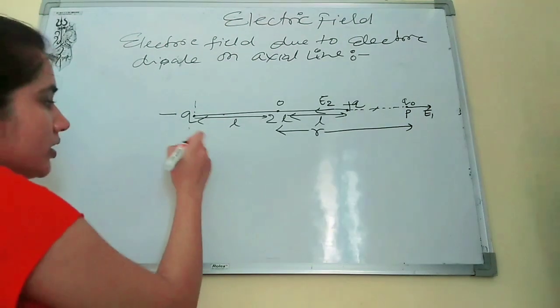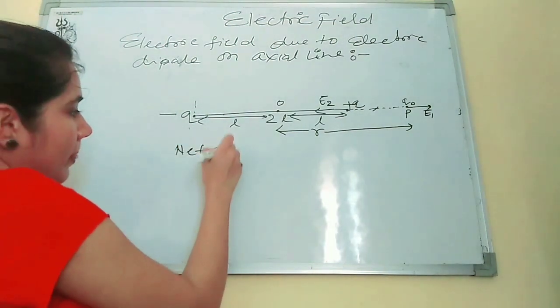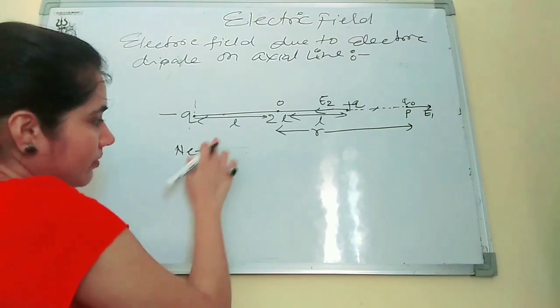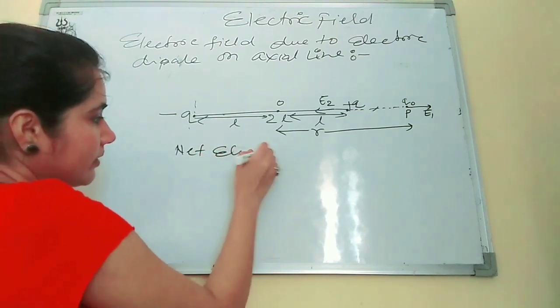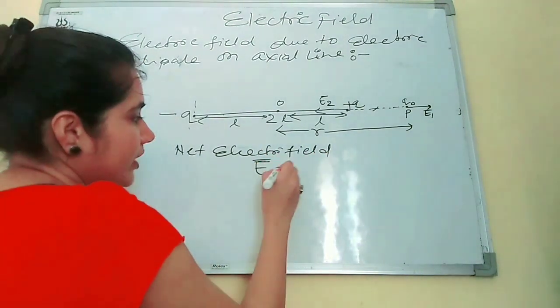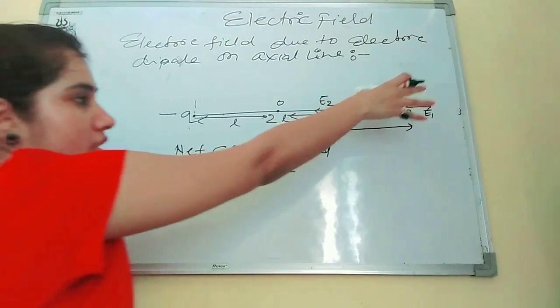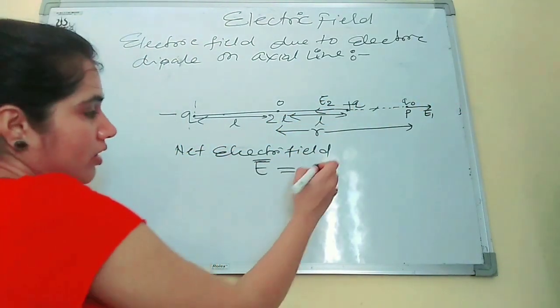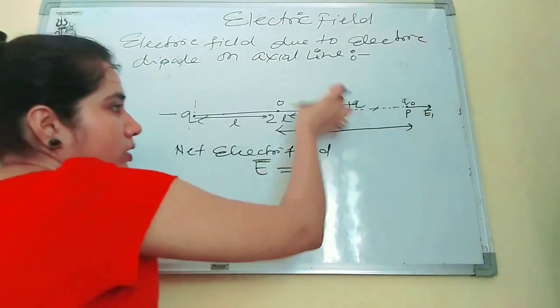Now the net electric field we take as E. It has direction, as all charges applying an electric field have direction. So this will be E1 and this will be E2.